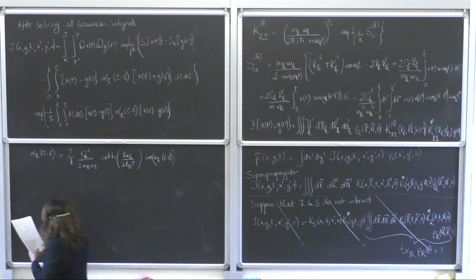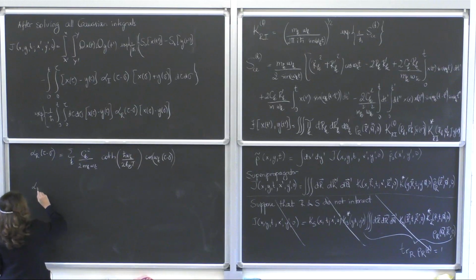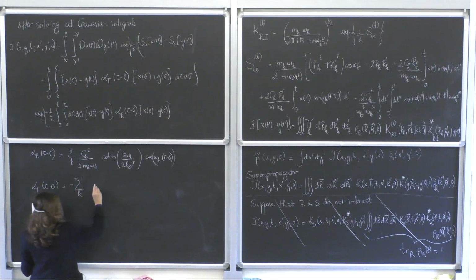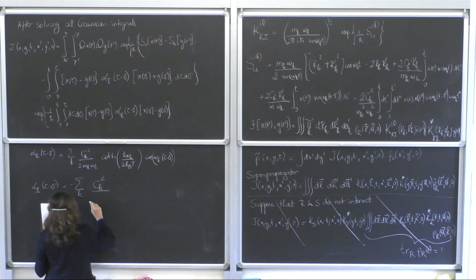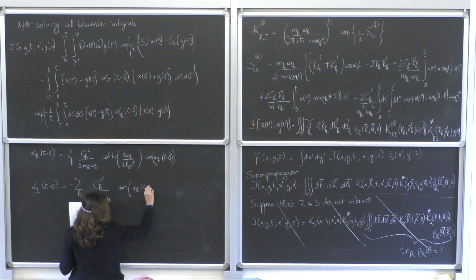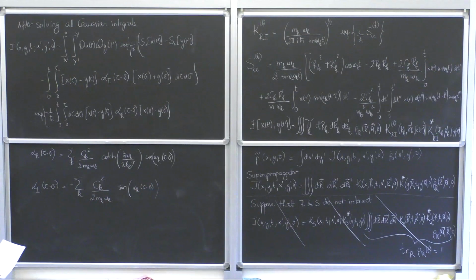All this is the argument of the cosine. And my alpha I, the kernel inside the imaginary exponent, is minus sum over k of ck squared over 2 mk omega k, sine of omega k, tau minus sigma. Okay? So this is what you are going to get after you replace everything in. And I hope you will do it. I will have guided steps for you in the afternoon.